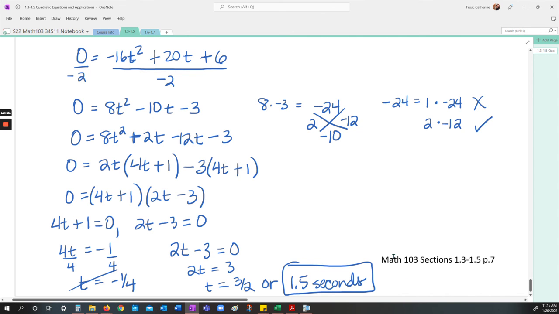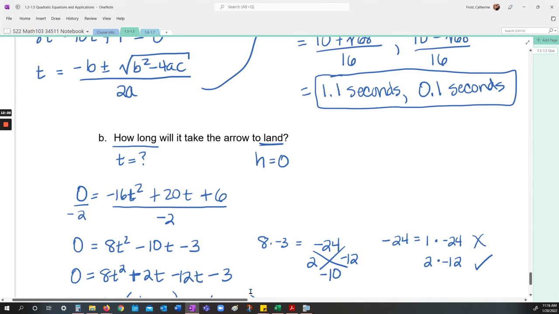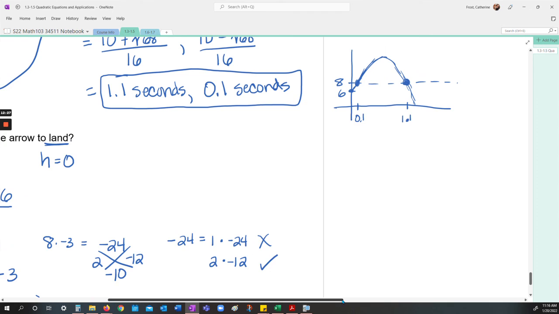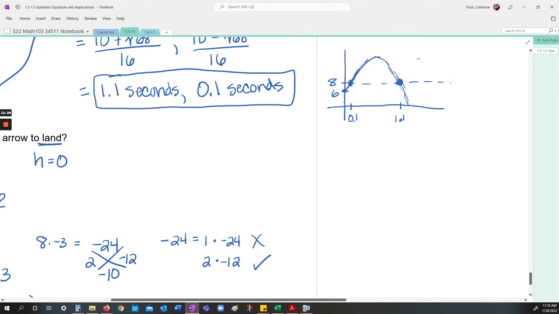So we now know that this arrow, we kind of go over here where I was drawing this. So again, not drawn to scale, but we know this arrow actually hits the ground after 1.5 seconds. So maybe I can just draw this a little bit better.